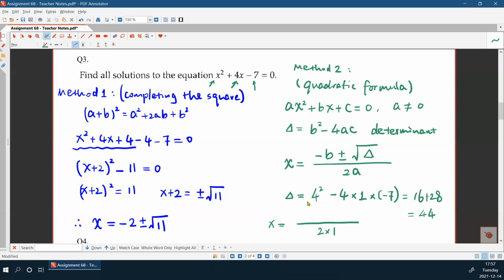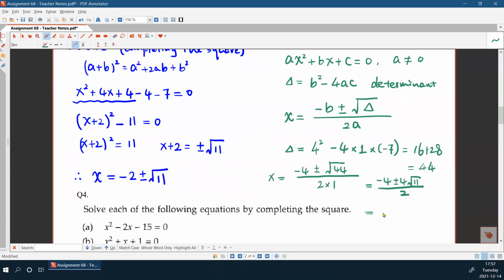Okay, and the solution according to the formula has denominator 2a, which is 2 by 1, right? A is 1. Negative b is negative 4, and then positive or negative square root of delta. Delta is 44. So this can be simplified to minus 4 positive or negative 4 times square root of 11 over 2, right? And this is negative 2 positive or negative, sorry, this is not 4.